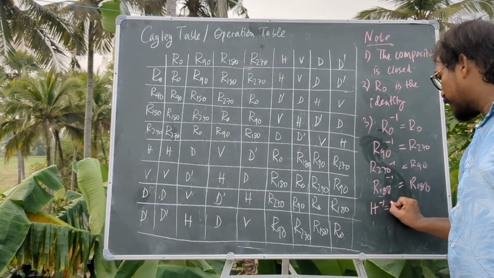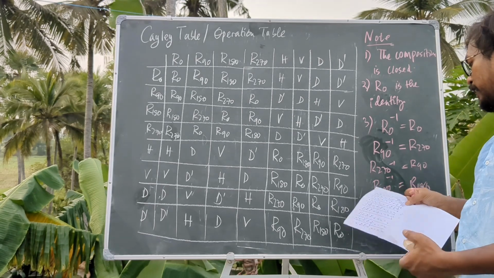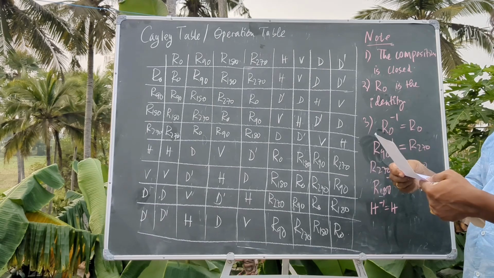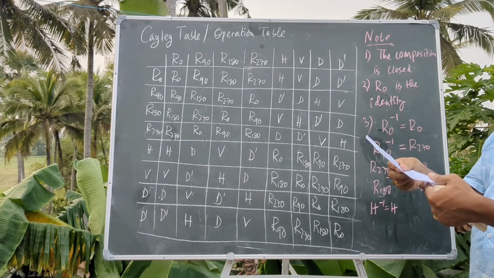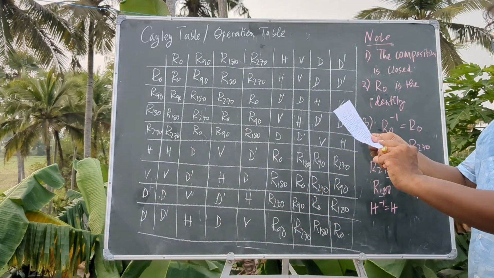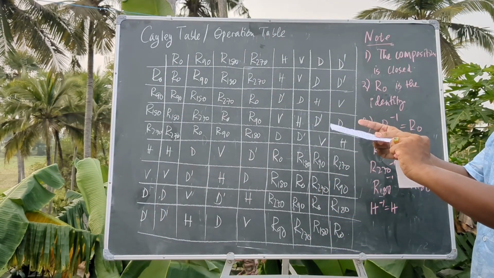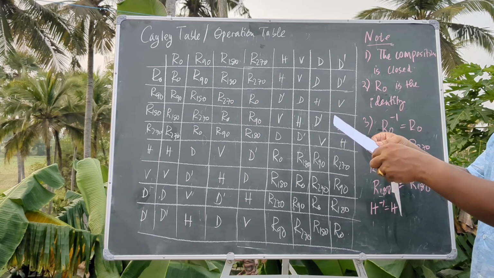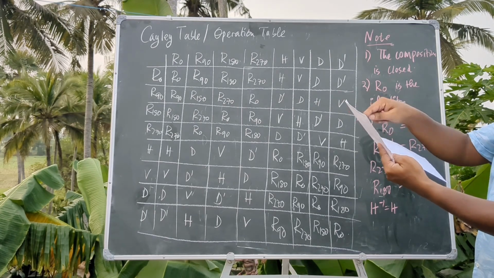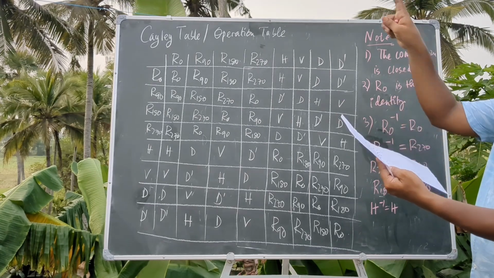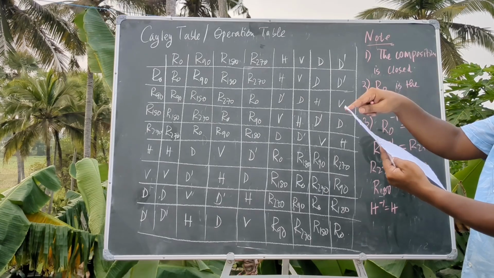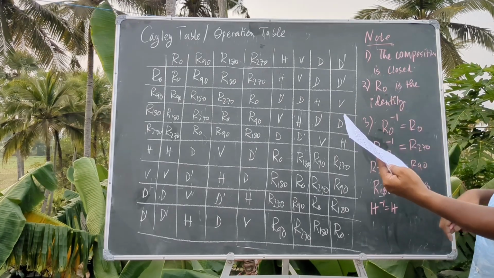Inverse of H is H, and it is understandable. If we operate horizontal flip with H itself, we are doing horizontal flip twice, and this is the first one, horizontal flip. Then again we are doing horizontal flip. So at the end we are getting the same square that originally we had, with the corners in the original position.